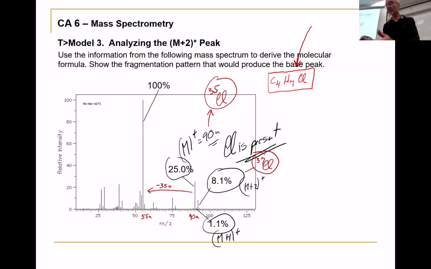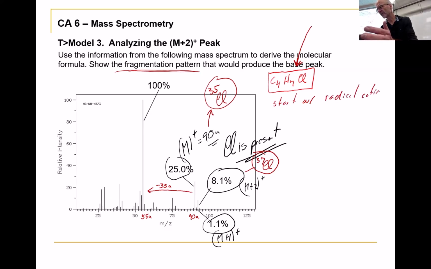So if I ask you to show the fragmentation pattern, it would go something like this. And I'm starting with this example, but throughout this lesson, we're going to be talking about doing the fragmentation pattern. And the idea here is you need to start with the radical cation.